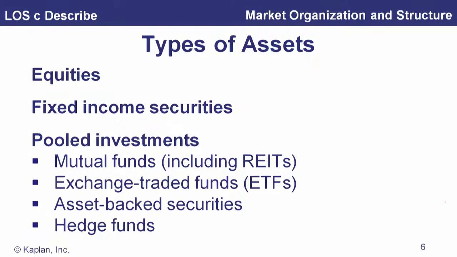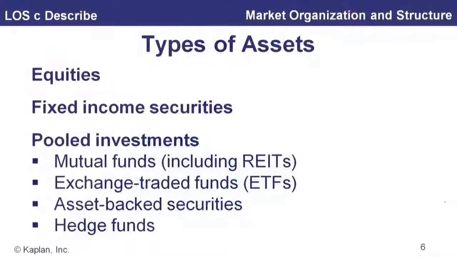When it comes to types of assets, we've got equities, fixed income securities, and pooled investments on this slide here. Well, equities, that's the ownership stake, right? If you own some shares in a company, you own a portion of that company. And you get the gains or the losses, depending on how the company does.